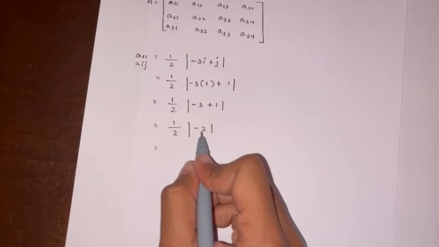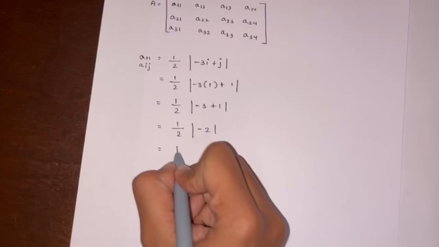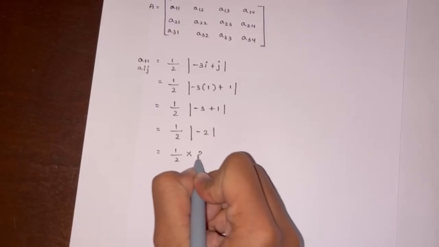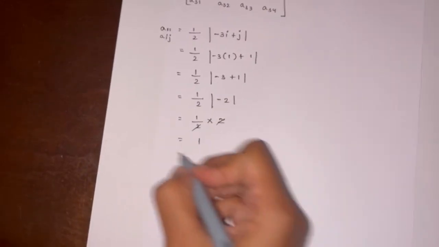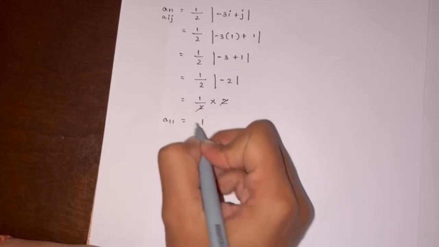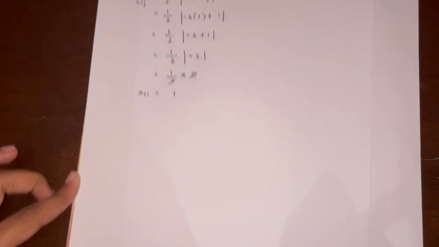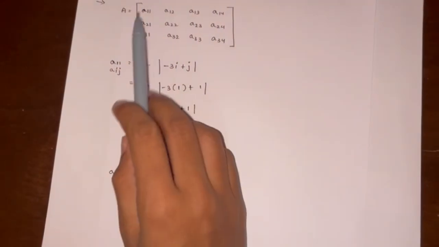Here mod means we have to change the sign and write it down. 1 by 2 into 2, where 2 gets cancelled and we get 1 as the answer. So here we are getting the value of A11 as 1. As we found the value of A11, now we will find all these values.